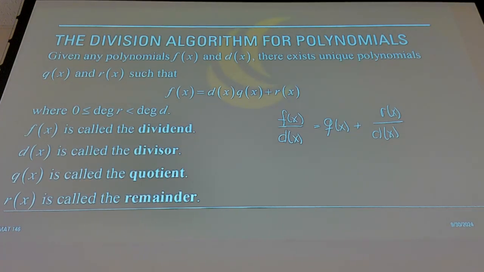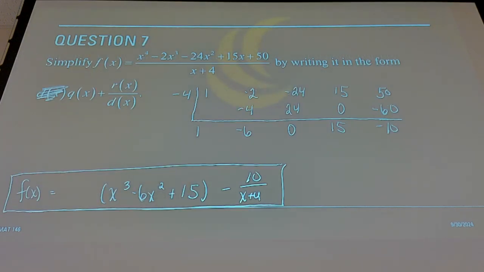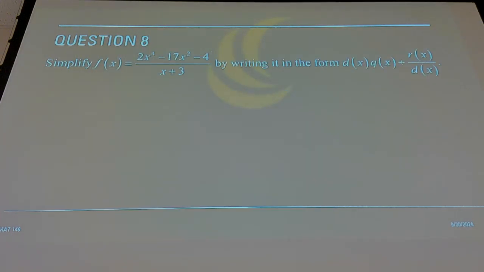That's what you would get if you divide everything out by d of x. And that's the form that you'll be using in calc. Which means all of these slides have to be updated. But that's not hard to do.